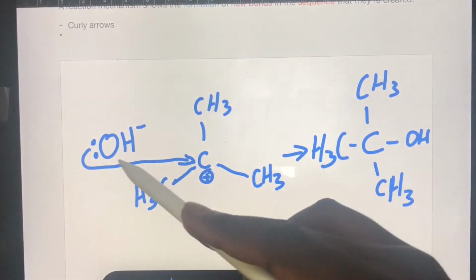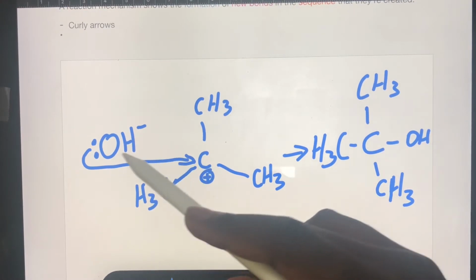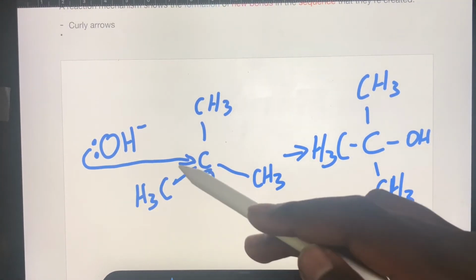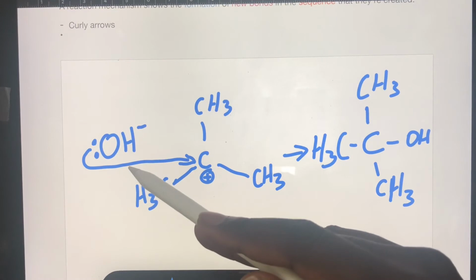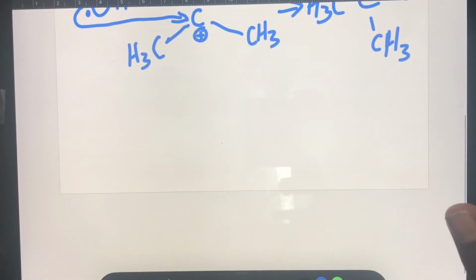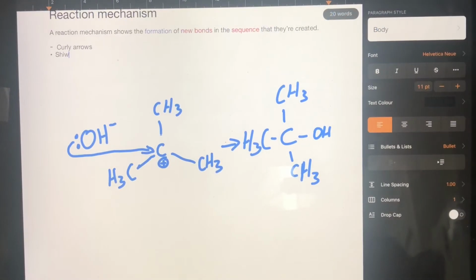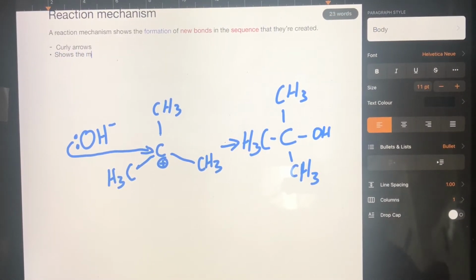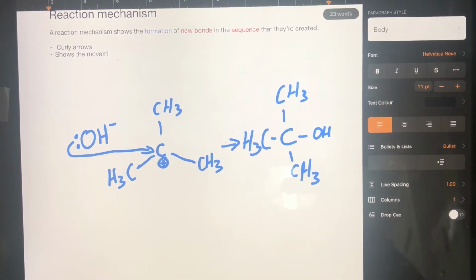That's the most important thing here: the curly arrow, which I'm trying to show, always goes from negative to positive, and it has to be curly. If the curl isn't there, you aren't going to get the mark. And yeah, that's it really. Okay, so it shows the movement of electrons.